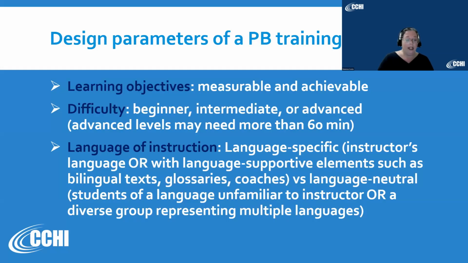When we think about learning objectives, it's really important that they be measurable and achievable. What that means is to set reasonable goals for the amount of time that you have set aside for your course.